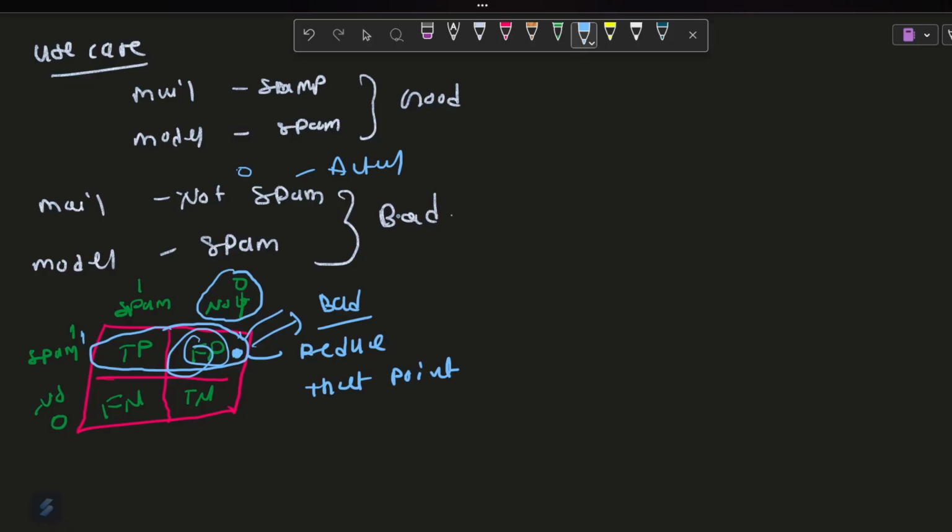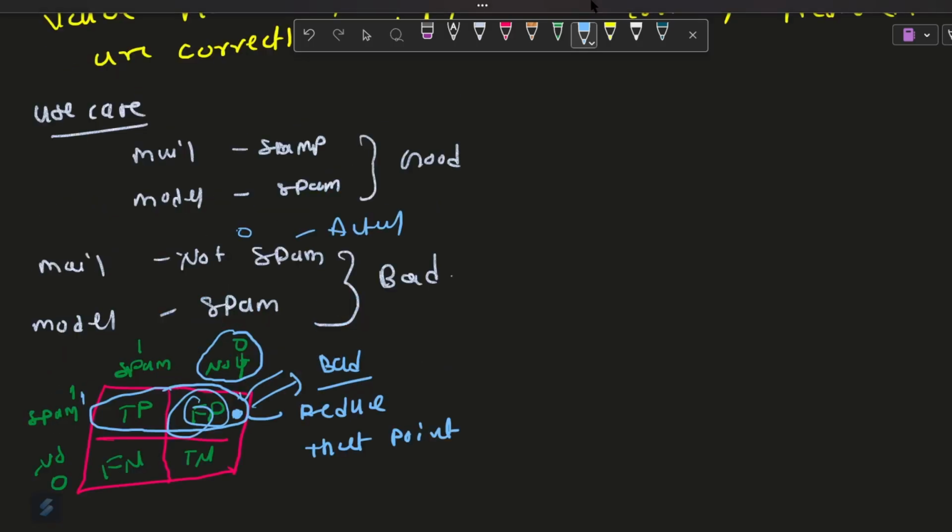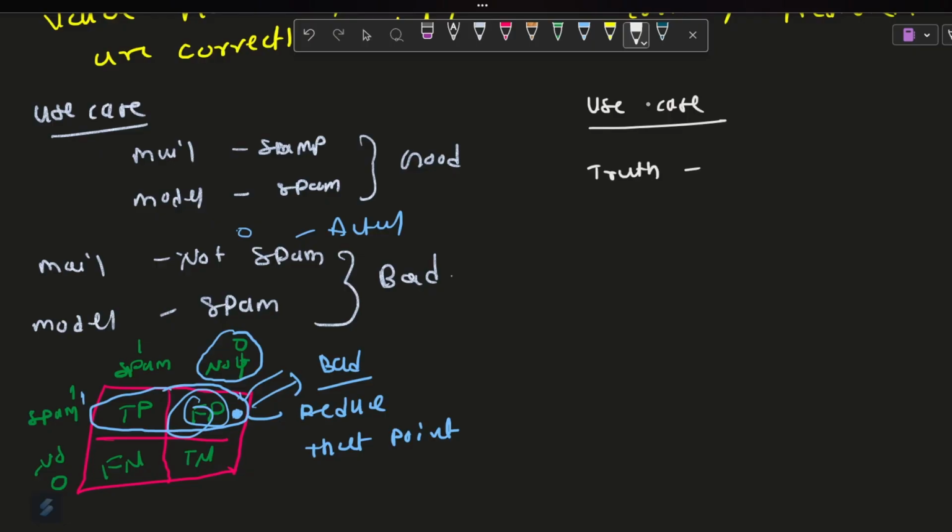Let's understand the use case of recall: diabetes. The truth is the patient has diabetes, but the model predicts no diabetes. That is basically bad.